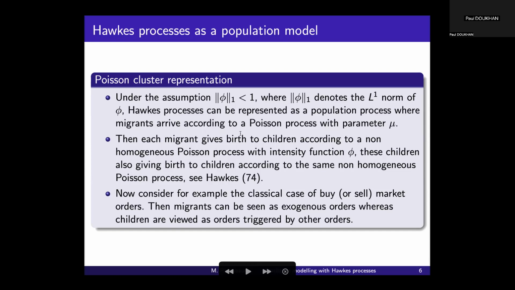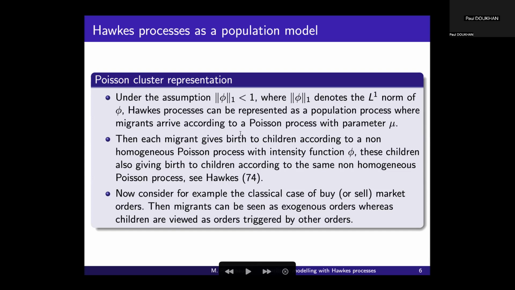If you just want to avoid explosion of your Hawkes process, the only thing that you need is that phi is locally integrable. There is often a bit of confusion about this. We call that the stability condition, but this is an ergodicity condition, and basically I'm going to use this ergodicity condition all the time. Even if this condition is not satisfied, the process is still not going to explode.